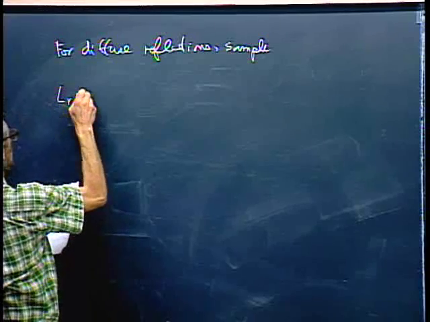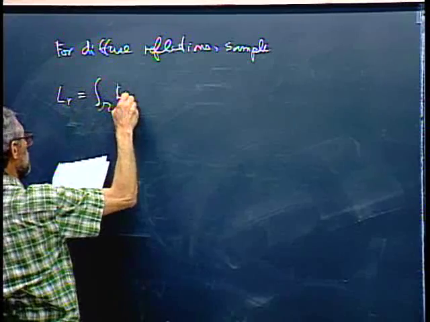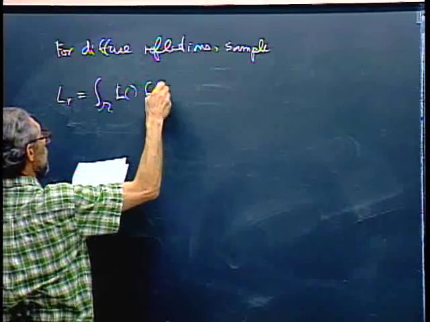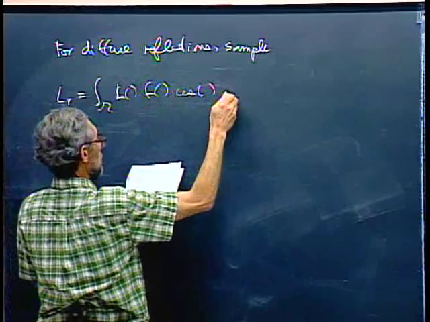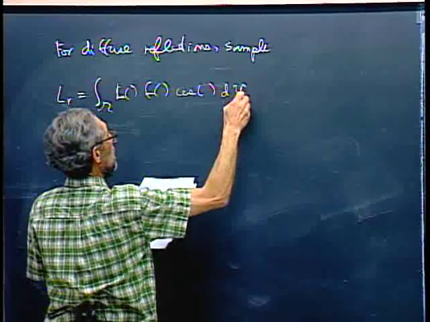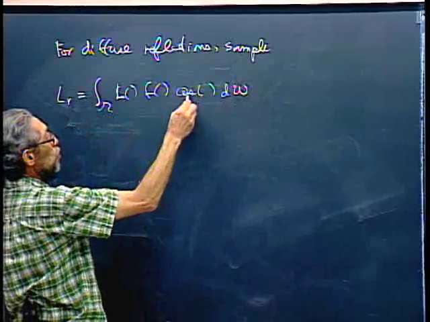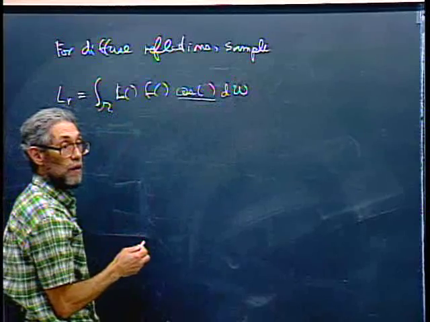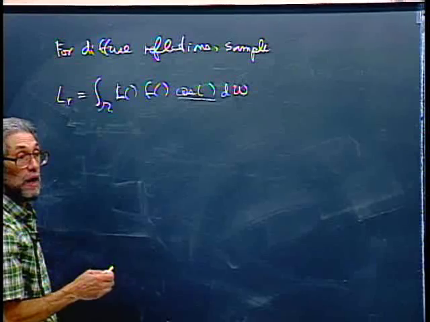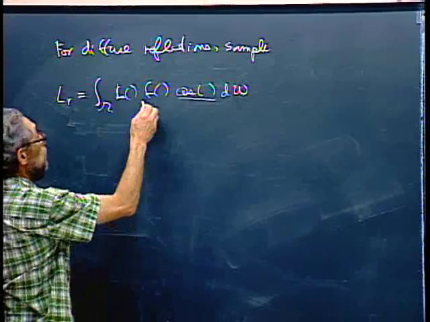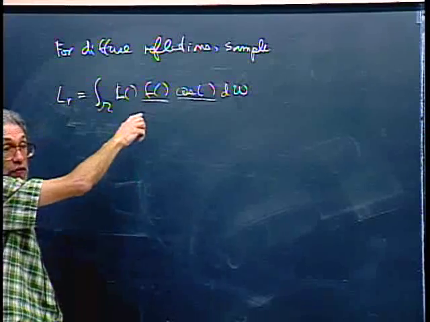We want LR. This is what I had last time. I'm not going to write out all the variables. It was L times F times the cosine term d omega. And we sampled proportional to this cosine term because we didn't know anything else about the scene or the BRDF. In fact, the thing I was going to apply that one to case 2 was perfectly diffuse reflection. The BRDF is a constant anyway.